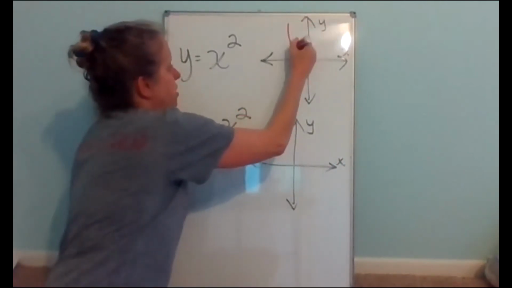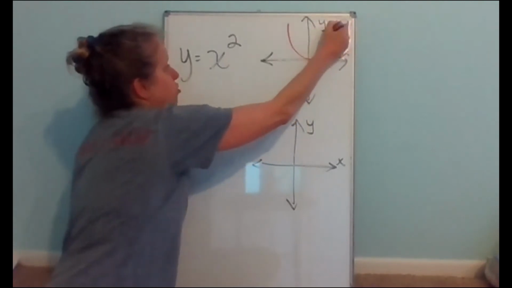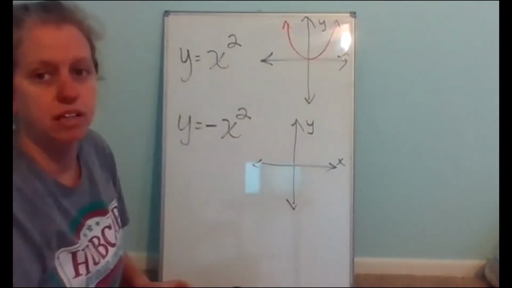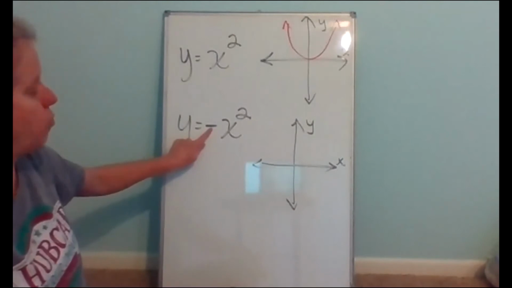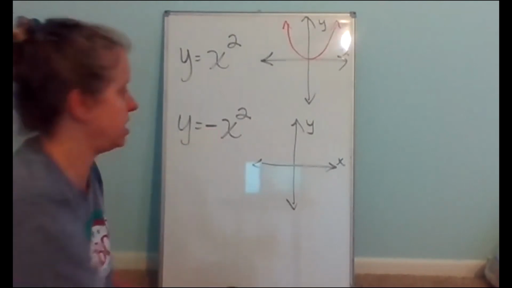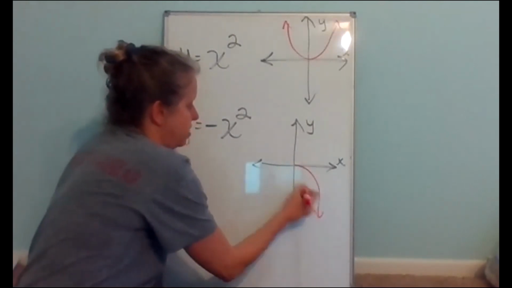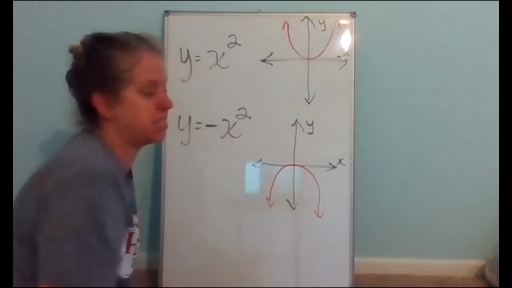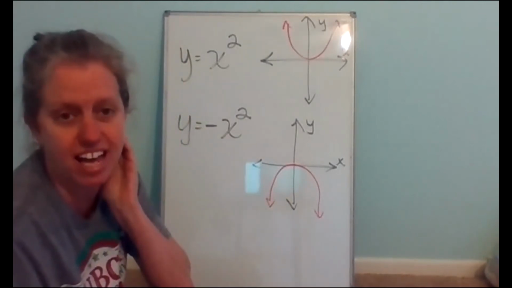A regular x squared graph is just that U-shaped parabola. And we've seen this before. What this negative does to it is it flips it upside down. That's what makes the parabola go upside down, is that negative in front of the x.